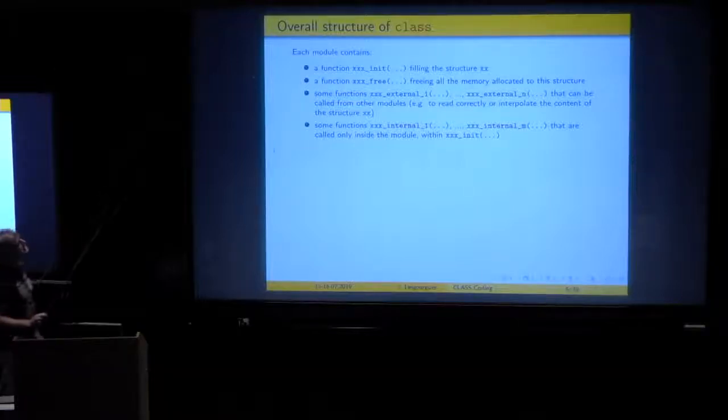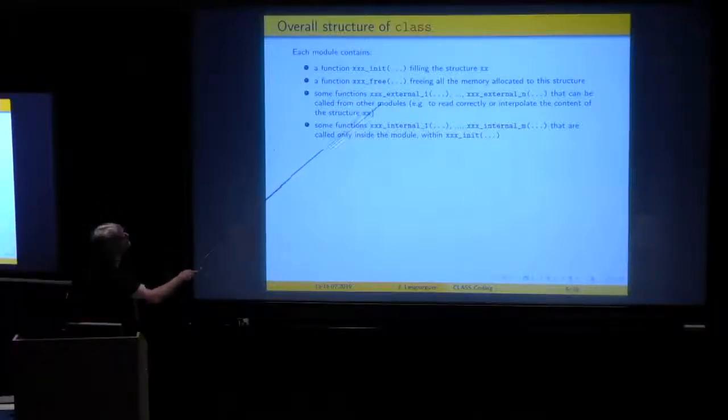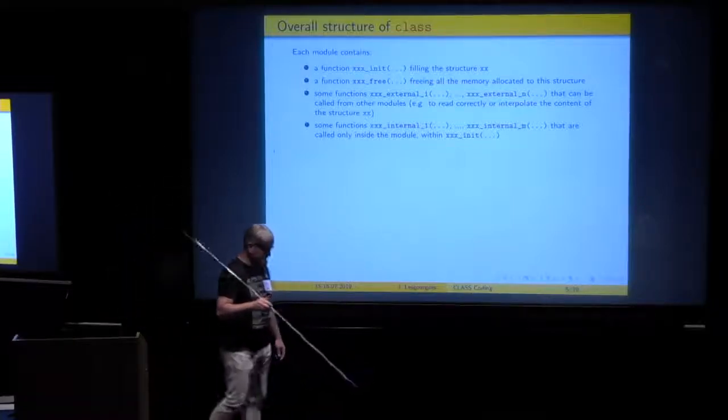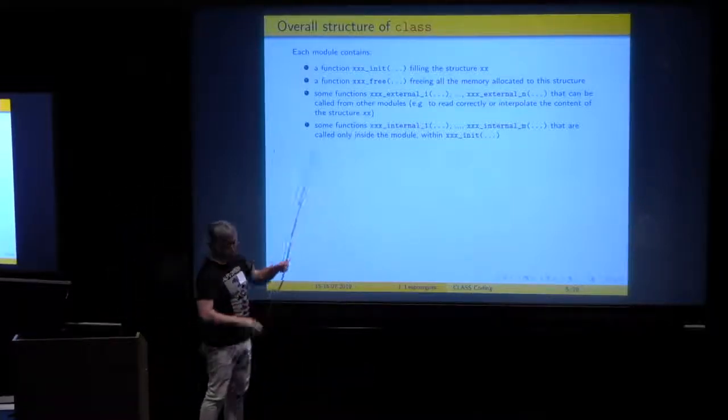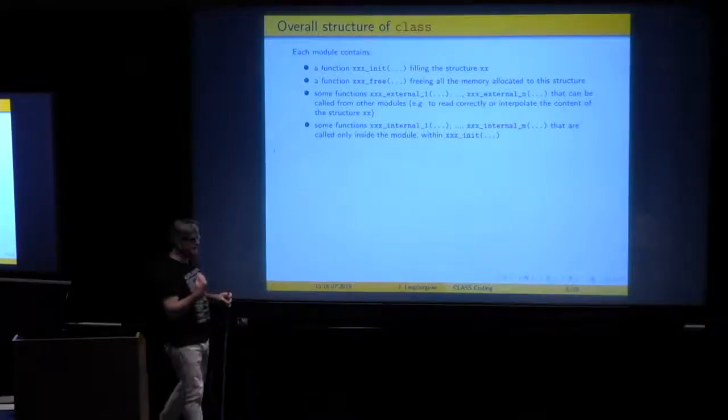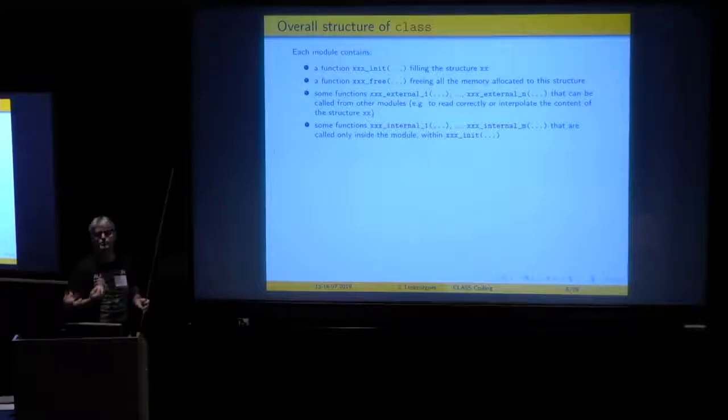There are functions that are called external here because they need to be called from other modules. Usually, these functions know how to read the result in the structure and to pass it to the other module, maybe after some interpolation.